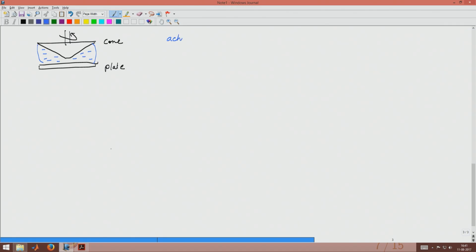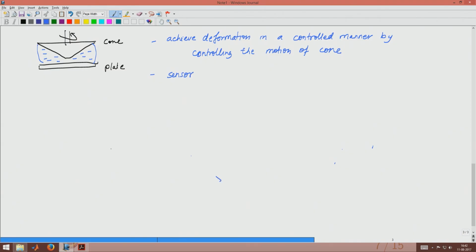The idea of the cone and plate device is to achieve deformation in a controlled manner by controlling the motion of the cone, and then we have sensors which can measure the forces generated in the material, the state of stress in the material.